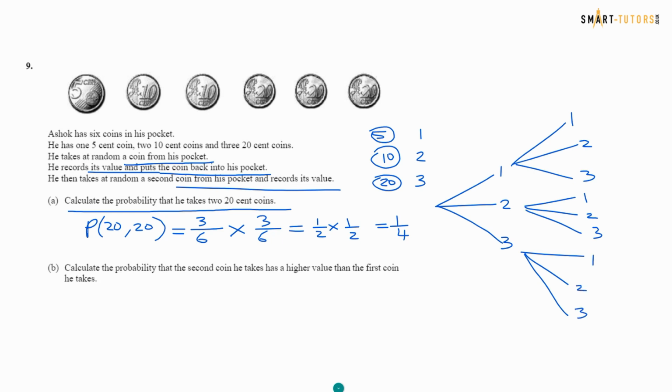So this is the first coin and this is going to be the second coin. 1 2 3 actually means 5 pence, 10 pence, and 20 pence. So 5 pence is 1, so 1 upon 6. 10 pence is 2, so 2 upon 6, and the next one is 3 upon 6.